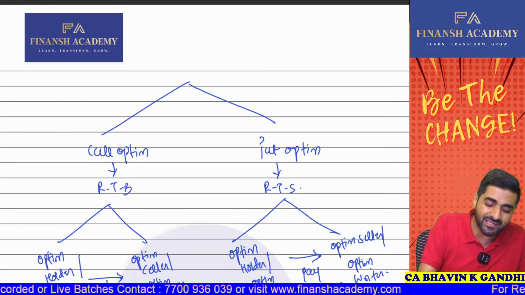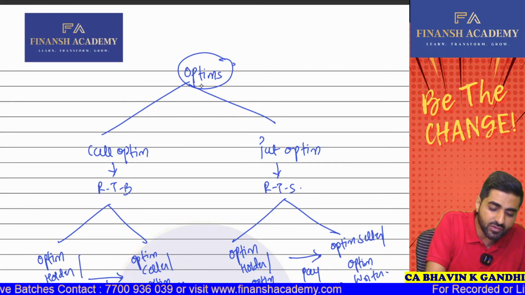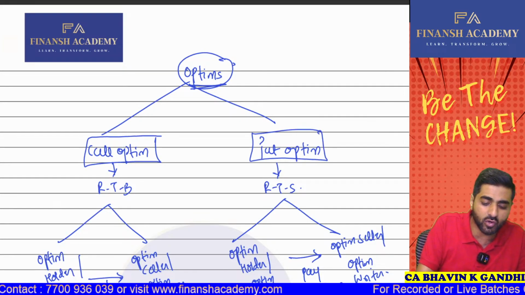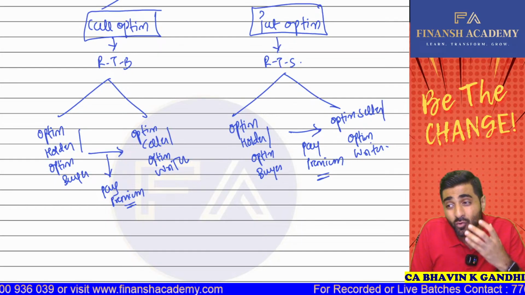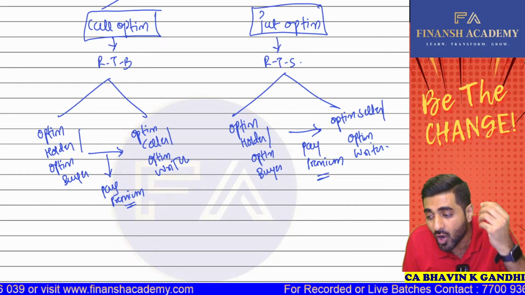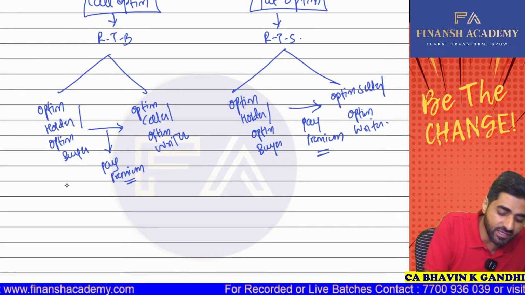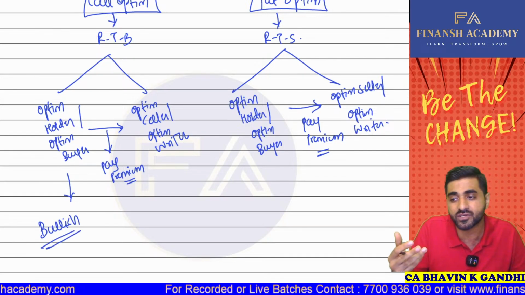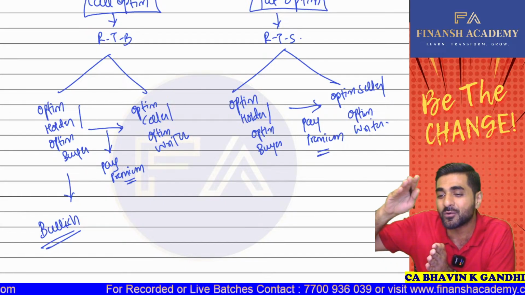So basically, whenever I'm dealing with options, there are two possible options available: call option and put option. A person who buys a call option, what is the view of the option buyer? Can I say the view is that the market is going to be bullish? That's why he buys the call option, because he knows that after some period of time the price is going to go up.